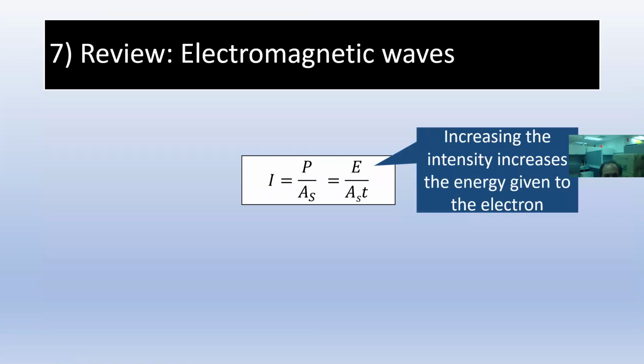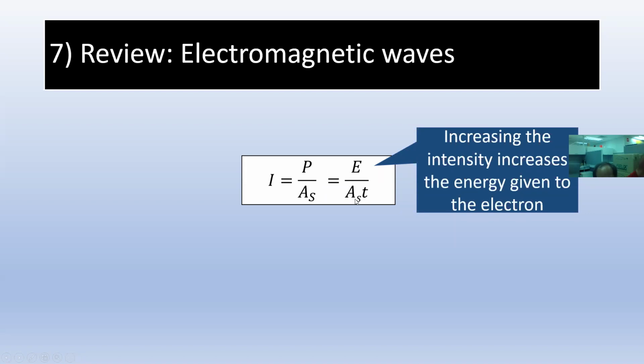Right, review electromagnetic waves. That is the rate of energy emitted, or if you like, the rate of energy falling on that surface. That's the surface area of the surface, perpendicular. Then we replace this power with the rate of energy, E divided by t. That is your surface area.